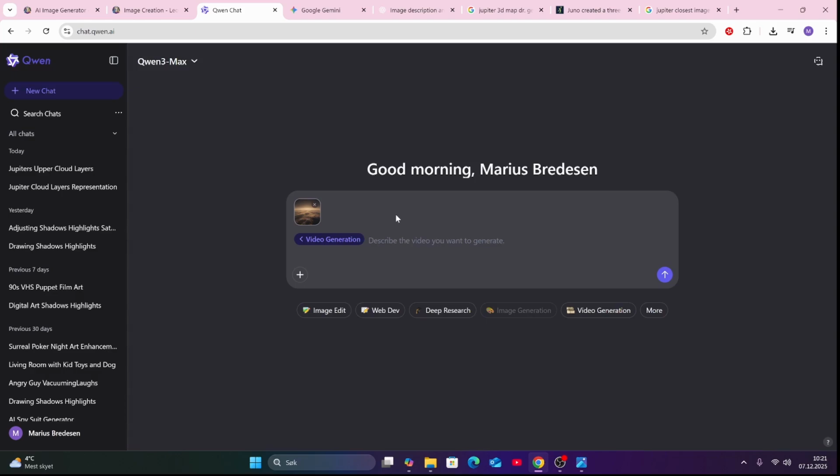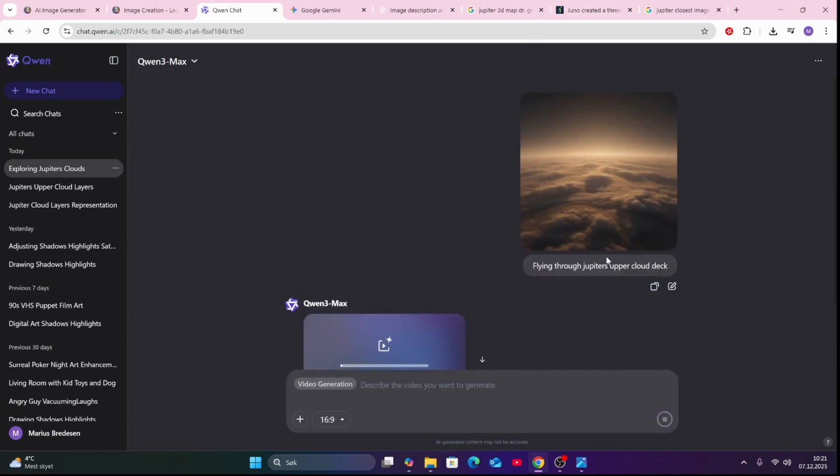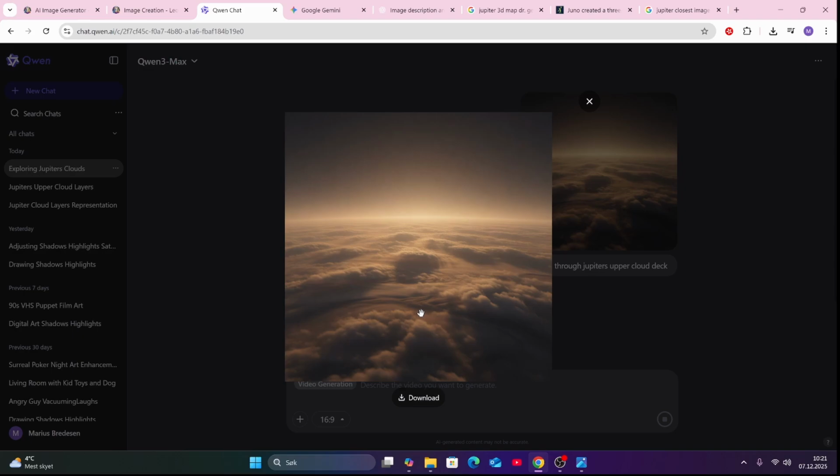Jupiter's, flying through Jupiter's upper cloud deck. Again, I can't imagine that the actual clouds at that altitude would look this soft and fluffy, Earth-like.